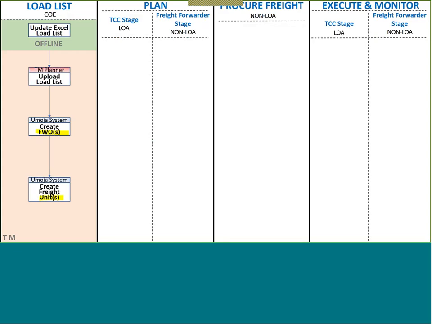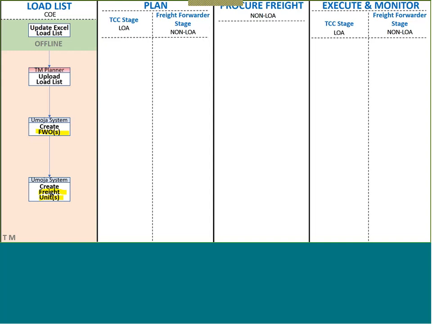This works the same as yesterday's WebEx with Leandro. If you're uploading an Excel sheet with a DAP Incoterm, that will automatically generate your forwarding order, your freight unit, and also the freight order itself. If you're uploading an Excel with the XWorks Incoterm, it'll generate your forwarding order, it will generate your freight unit, but you would have to manually generate the freight order.